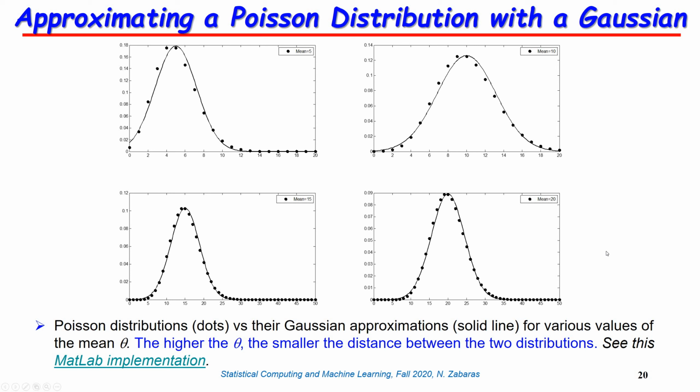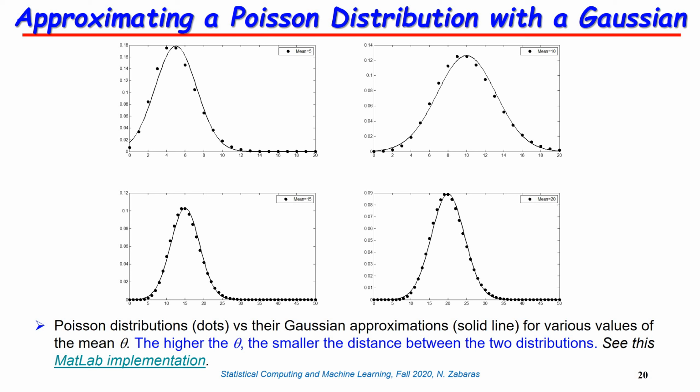And the values that you see here, mean equal to 5, mean equal to 10, are the parameters theta. So as I go from the top left to the top right and all the way to the bottom right, the parameter theta increases. As theta increases, the approximation becomes better and better, and the Poisson distribution can be written as a Gaussian.